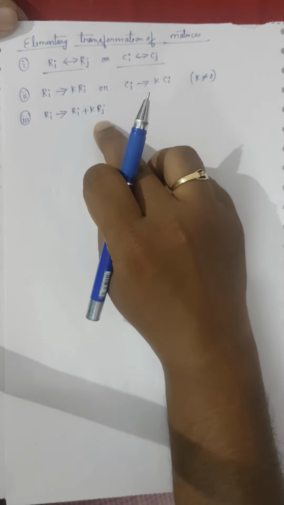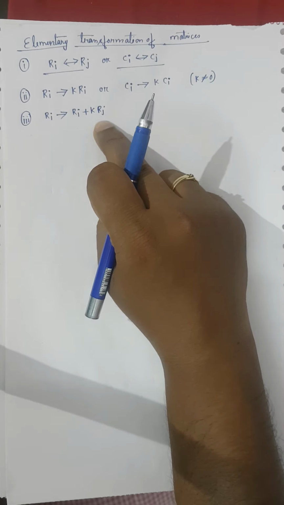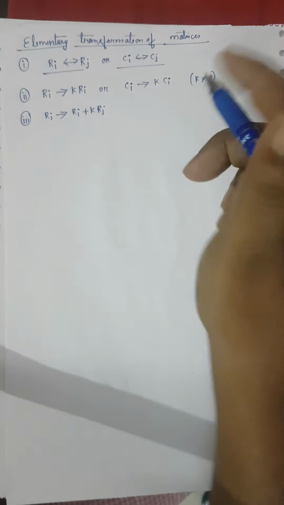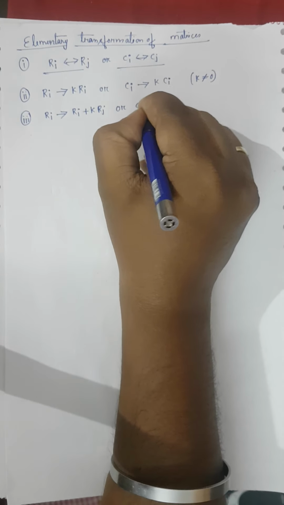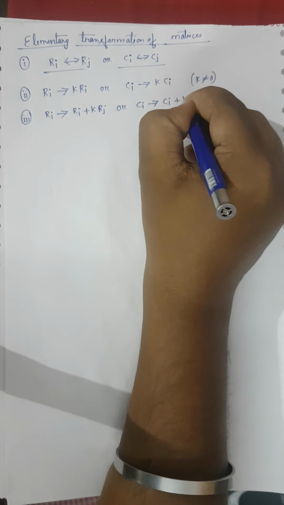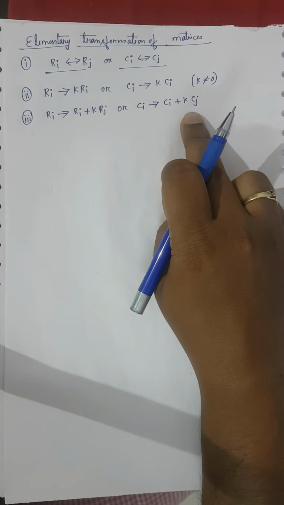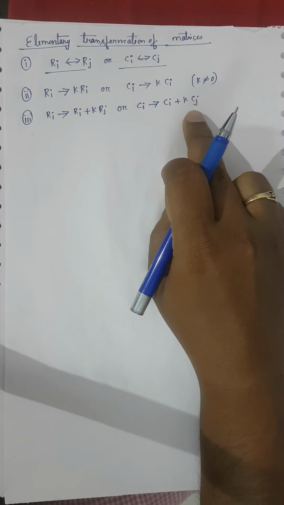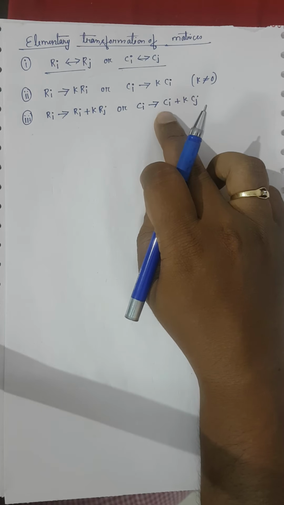And the third case, we can write Ri changes to Ri plus k into Rj, that is, the elements of the jth row are multiplied by a constant k and are added to the elements of Ri. Or for column operation, it is column i changes to column i plus k into column j, that is, the elements of column j are multiplied by a non-zero constant k and they are added to the elements of column i.